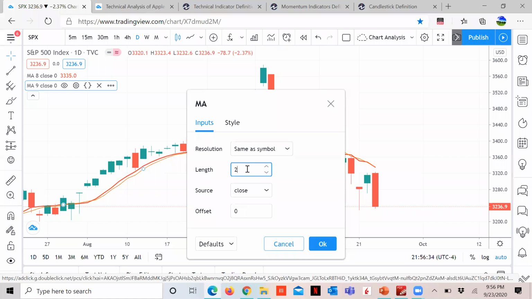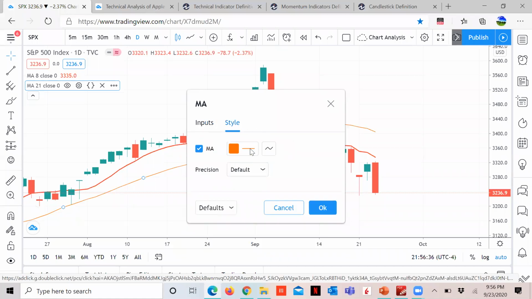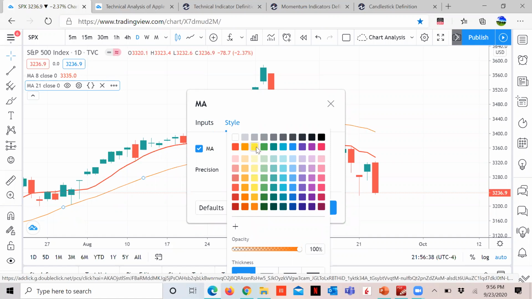Again, 8 and 21 are Fibonacci numbers used for technical indicators. Let's make that green.